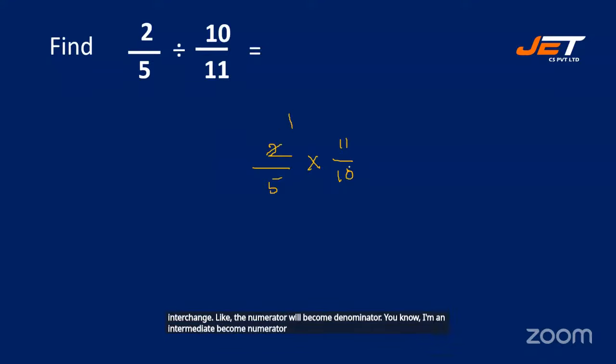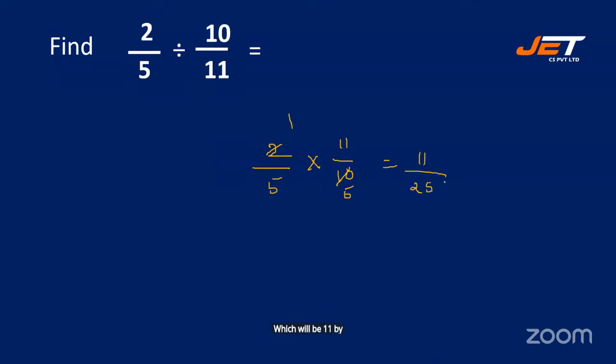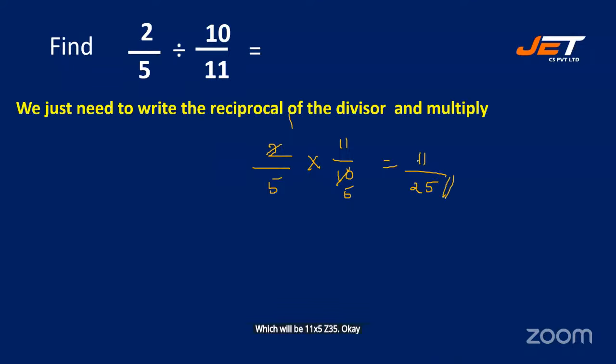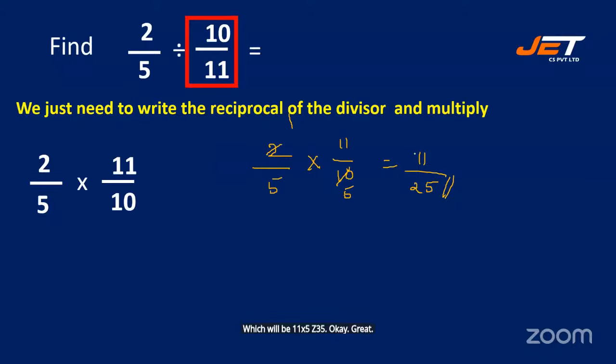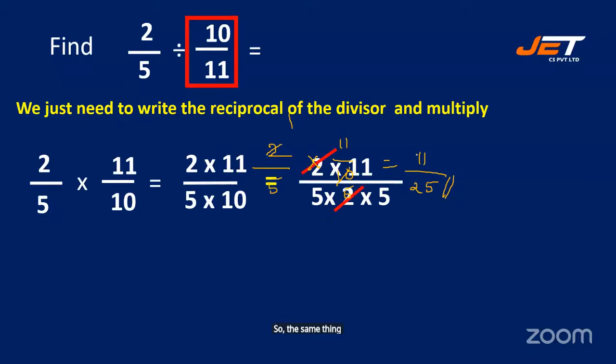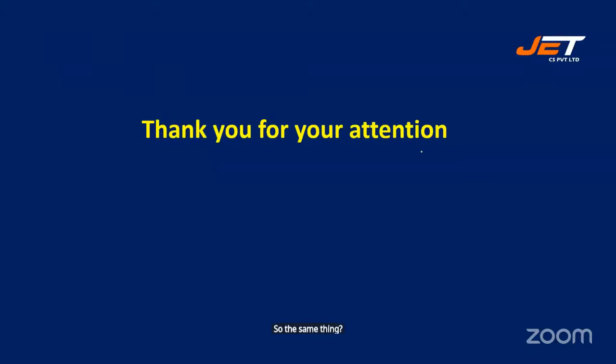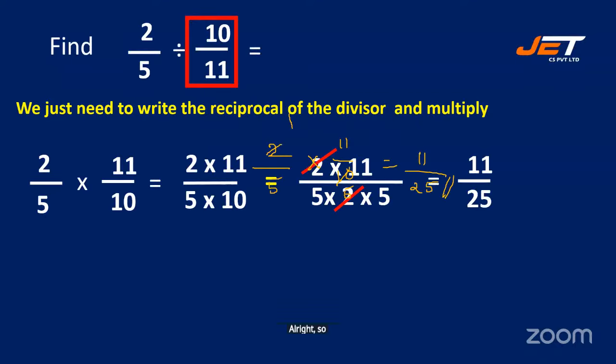Okay, so 2 ones are 2, 5 5s are 25. Okay, right. So the same thing. All right, so I'm sure with this, the division would have been very clear, students. So more sums can be practiced by you all.